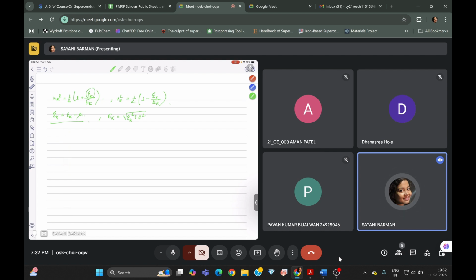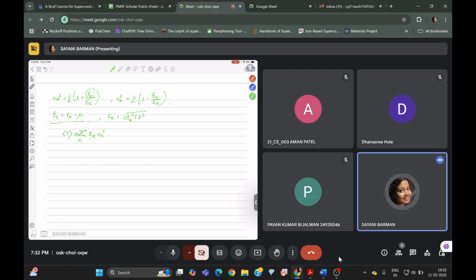Using these expressions combined, the expectation value of the kinetic energy will be the summation over k of zeta k times vk square.